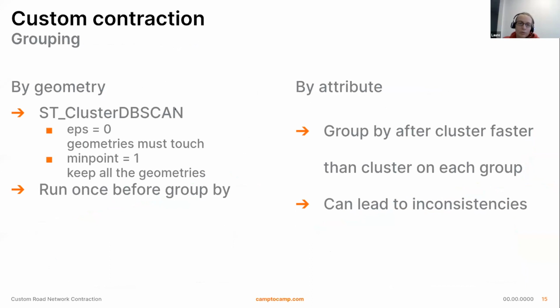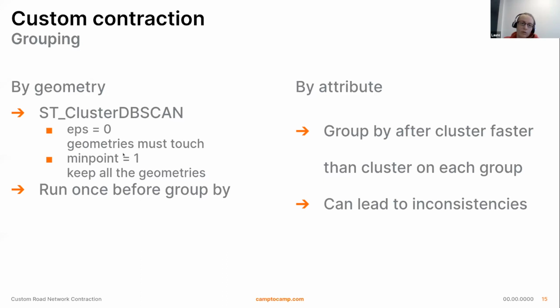Then we will group those edges that we identified. We will group them by cluster. So this function, ST_ClusterDBSCAN, takes a data set and two properties. The first is the distance between the geometries that we want to group. And the second one is how many geometries you want to allow per group. So we decided to keep a distance of 0. Geometries must touch.